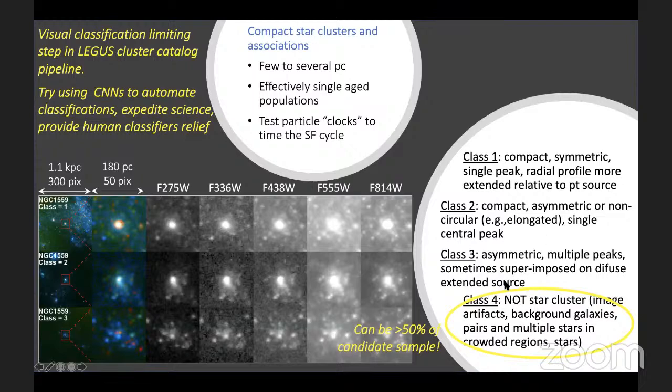Now, previously, all of this work was done by graduate students, postdocs, and a few senior astronomers, visually looking at each of these images to take away the artifacts and then to classify into these 3 morphological types. Again, the first 2 are considered to be likely gravitationally bound objects.